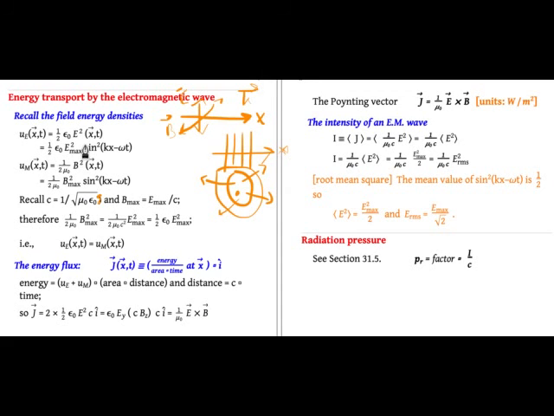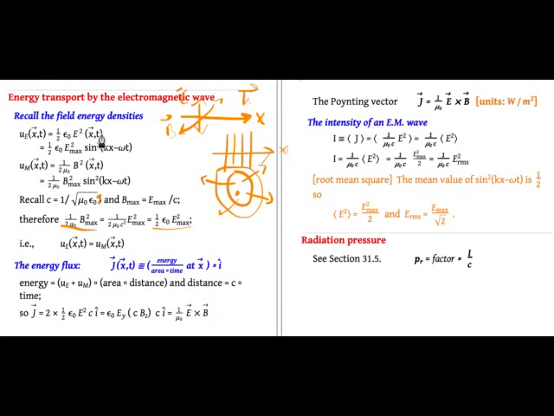So if I compare this maximum field energy for the electric field to the maximum field energy for the magnetic field, 1/2 mu 0 B max squared, I can write that as 1/2 mu 0 E max squared over c squared, and mu 0 c squared is 1 over epsilon 0. So 1 over mu 0 c squared is epsilon 0. So the maximum energy in the magnetic field is equal to the maximum energy in the electric field.